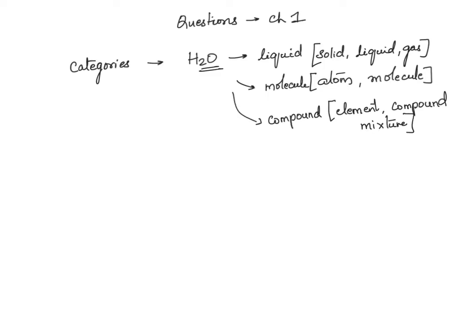So depending on what kind of question they are asking you, they can also place the question. For example, you might see a question as categorize burning of candle or burning of wood, whichever it may be.